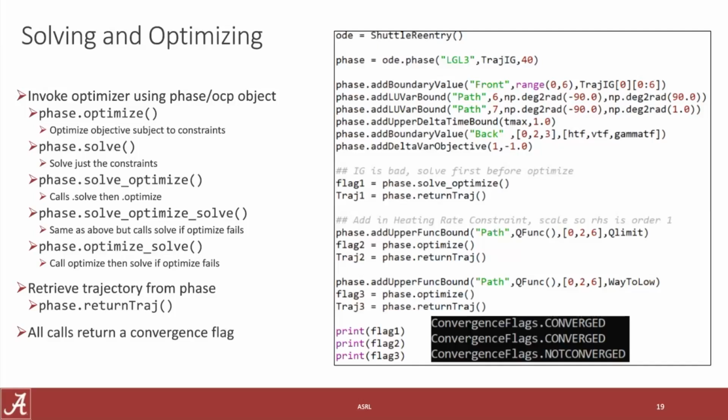One thing we had a comment on in the room that we wanted to mention here is that by default, asset runs multi-threaded for solving and optimizing. Under the hood, your problem is being vectorized and handed off in a multi-threaded manner.